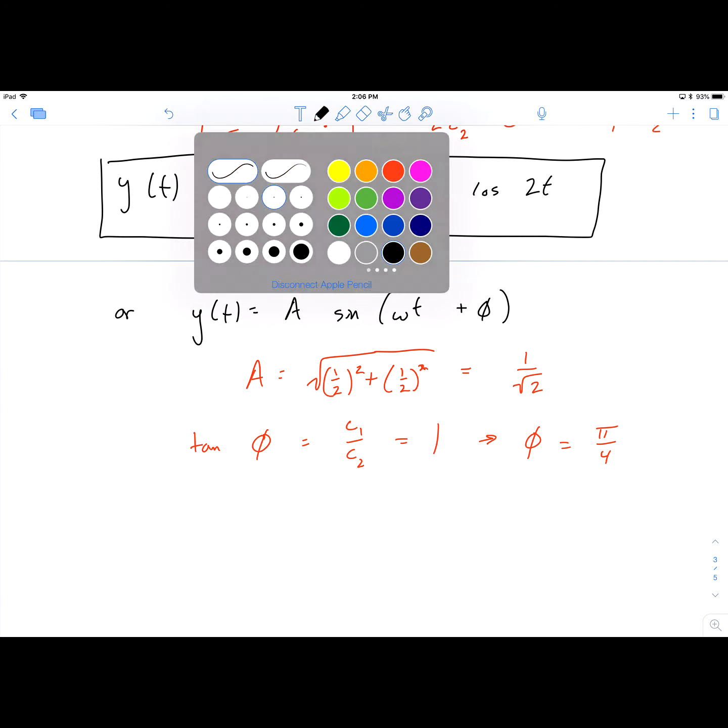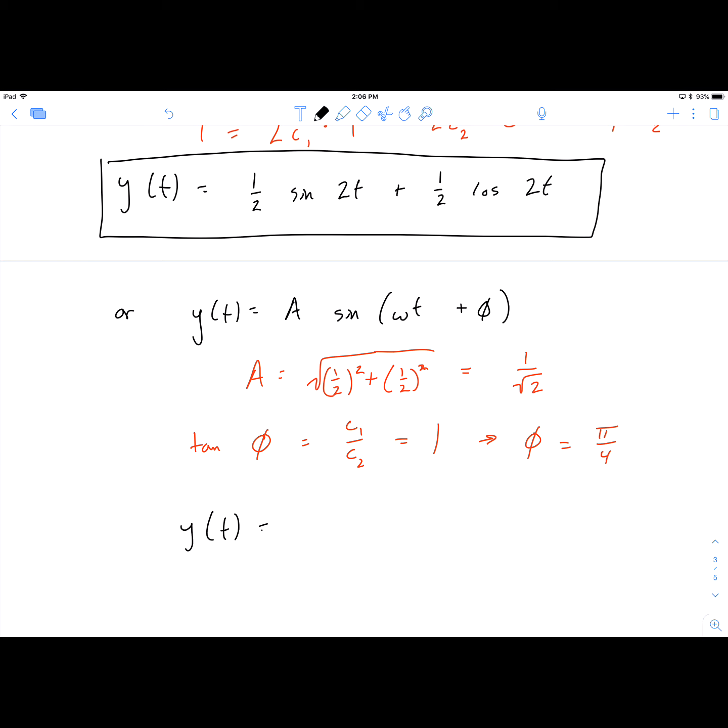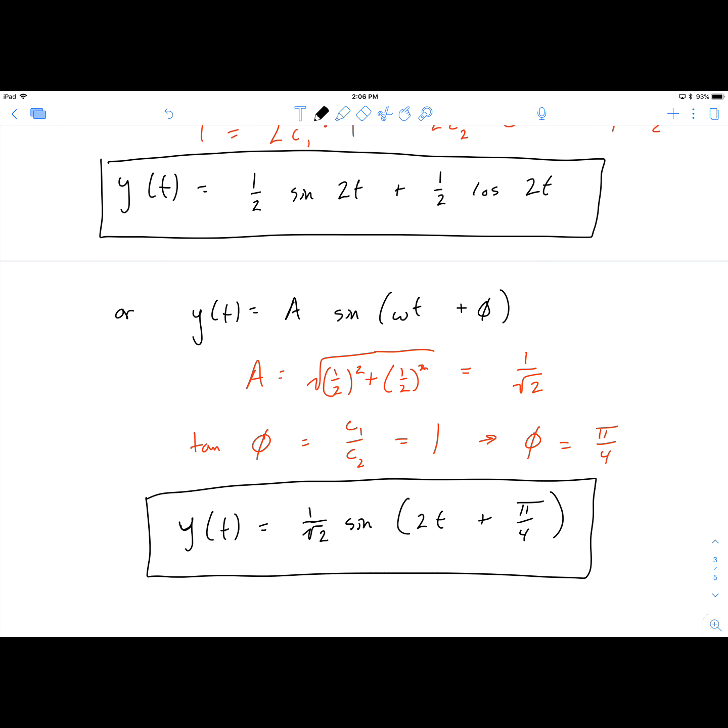So the alternate way of writing y of t would be 1 over the square root of 2 sine of 2t plus pi over 4. And again, whichever one's more convenient for a particular question is the one that we'll use in that moment.